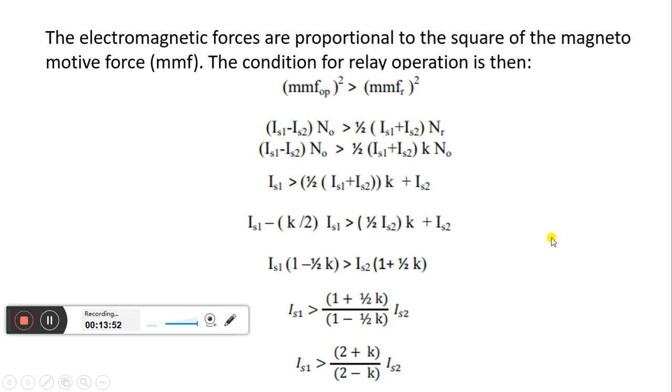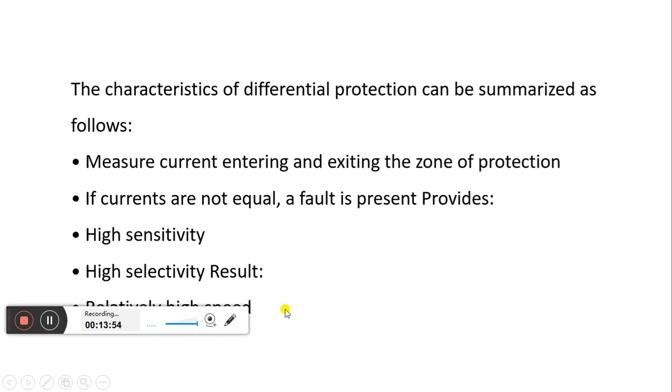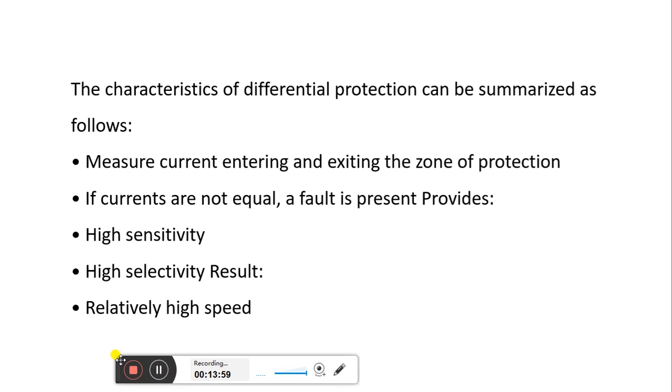So I think you have understood these equations which I have defined in the previous slide. The characteristics of differential protection can be summarized as follows. First of all, this relay measures the current entering the protected zone and exiting the protected zone.